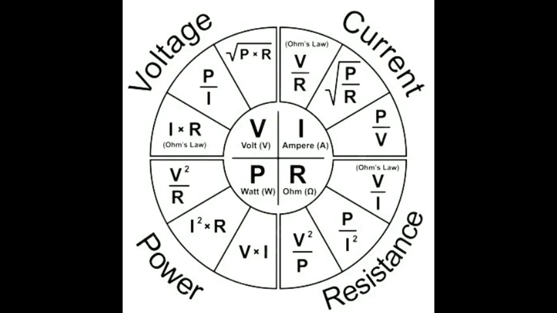So in order to get my I total, I'm going to take 40 divided by 2, which gives me I total of 20 amps, and power total would be 40 times 20. That would be 800 watts. So I'm done with my totals.